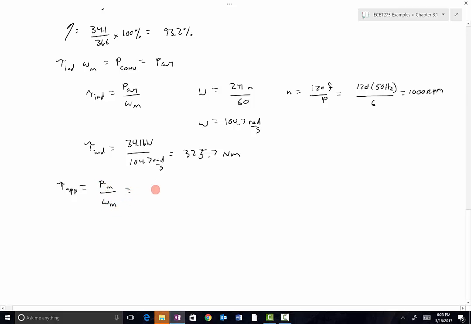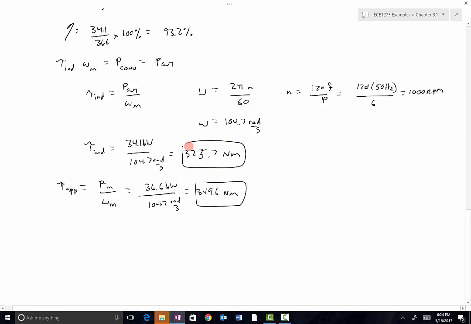So that's 36.6 kW over 104.7, which equals 349.6 newton meters.